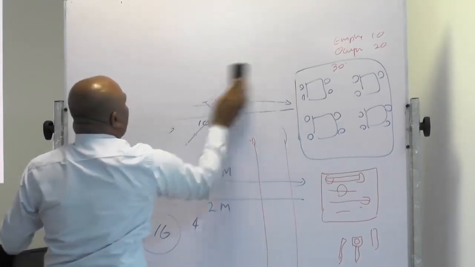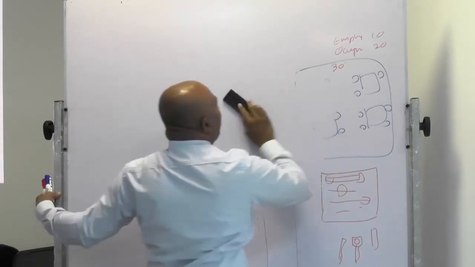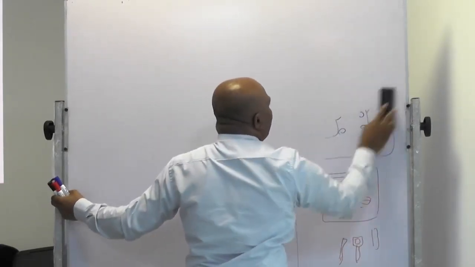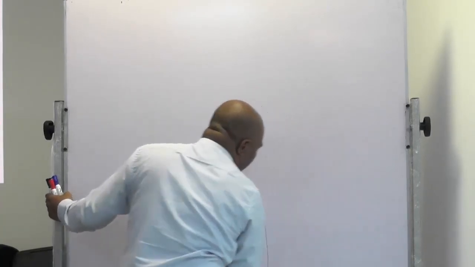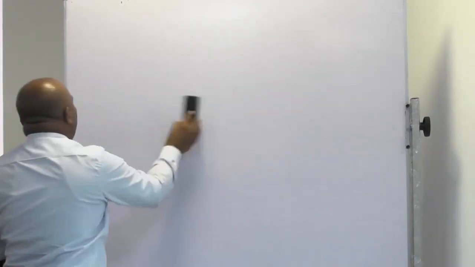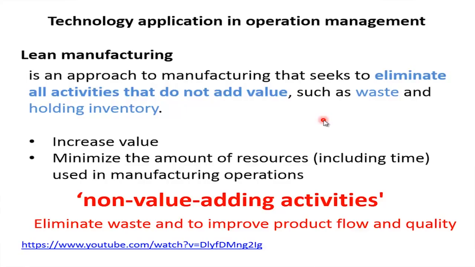If you refer to the video that I have given, you can understand the process behind the manufacturing environment. And if you type in YouTube about lean manufacturing in the factory environment, there are so many videos. By looking at that, you can get a very good understanding.